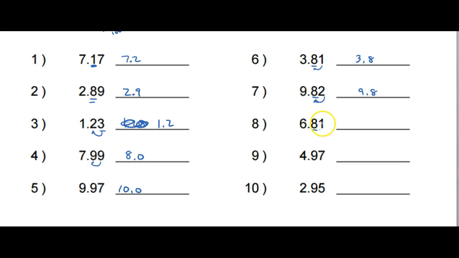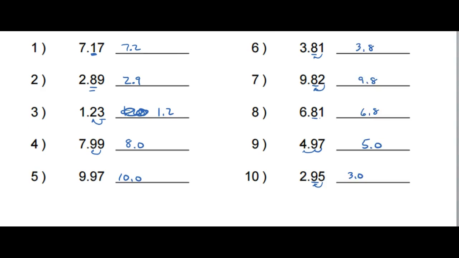The 1 tells me to round the 8 down to 6.8. 4.97, that I would round up. But when I round up, the 9 becomes a 10, which means I add 1 here, so you'd round up to 5.0. Here, the 5 tells me to round the 9 up, the 9 tells me to round the 2 up, and once I round up, that becomes 3.0.